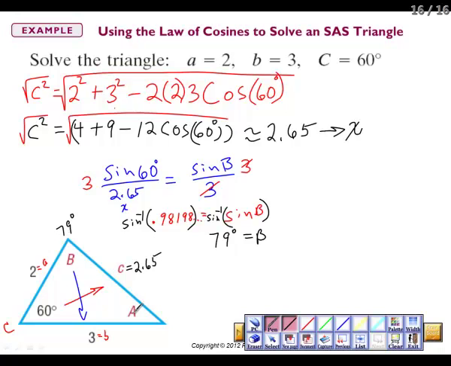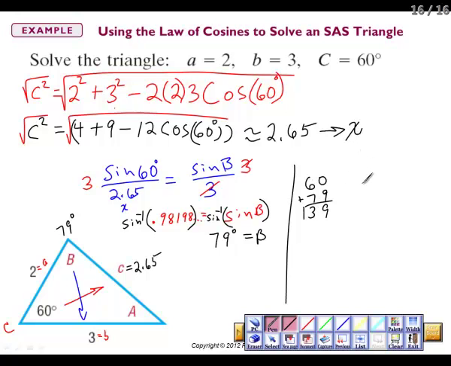Now, we have the two angles, and so now all we have to do is find the third angle. So how do you think we're going to find that? Well, we can just add the two angles that we know, 60 degrees and 79 degrees, and we get 139.